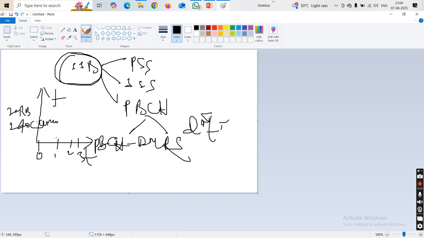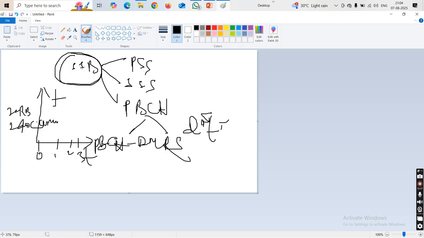So the UE must identify the position of the SSB in the grid. Now one more thing you need to understand is how you will do that. For that, 3GPP has given the solution, and we will try to understand that part.